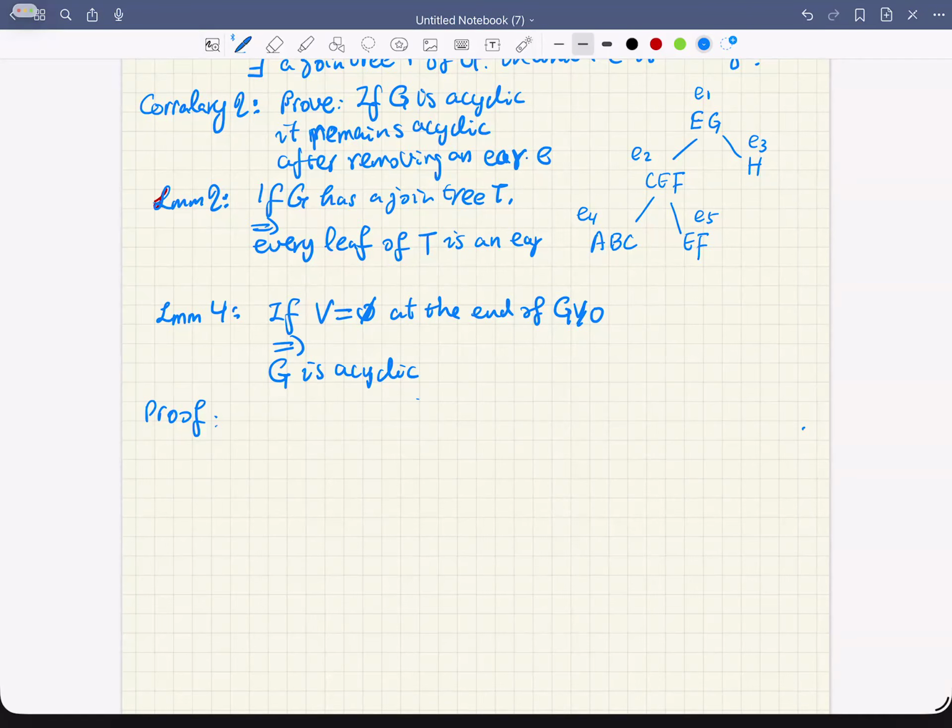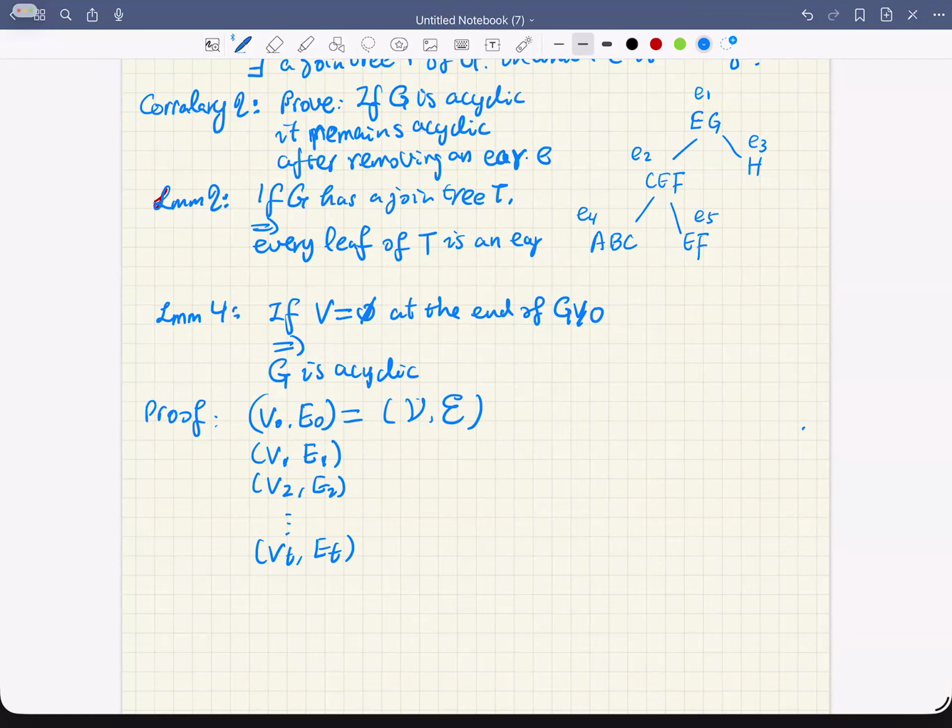So let's just say that V0, E0 is the original graph. After removing one edge, we get V1, E1. After removing another edge, we get V2, E2, and so on and so forth, up to some T. T is basically the number of edges in the original hypergraph. So we go down this sequence here.